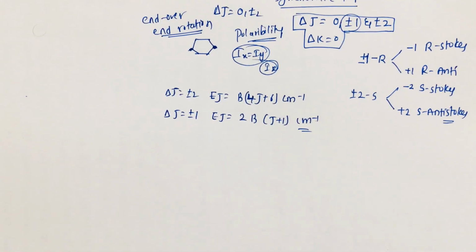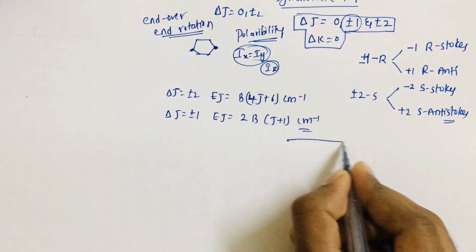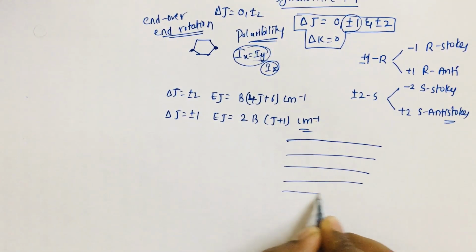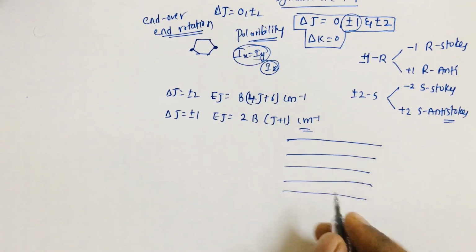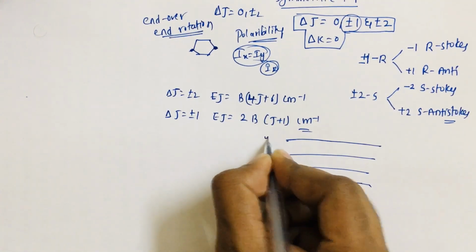Now we will see the spectra. The energy gap between each energy level is the same. J is 0, 1, 2, and so on.